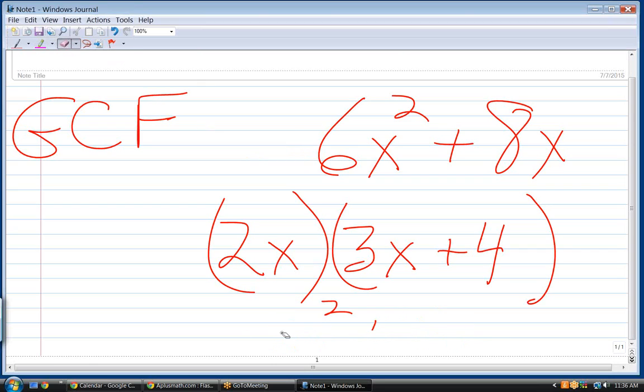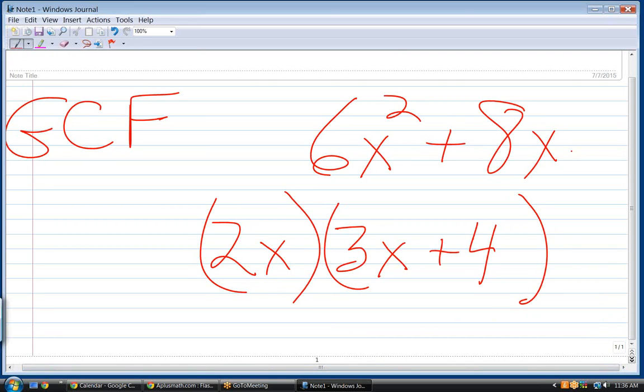Now, your next question might be, well, why do we have to do this? If I give you an equation instead of an expression, and I say that 6x squared plus 8x is equal to 0, well, I don't have a lot of ways to solve that.